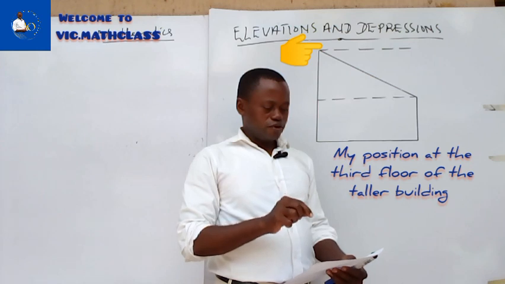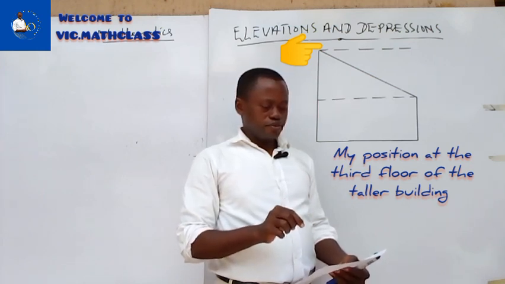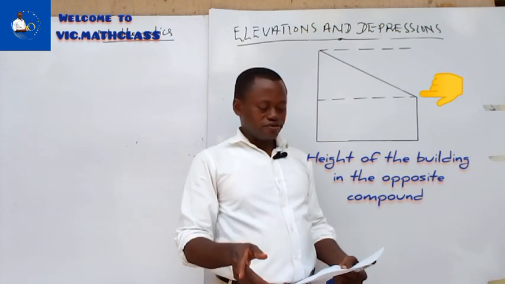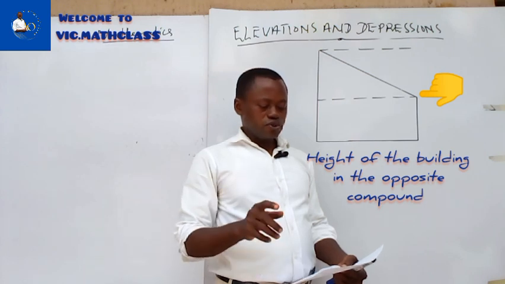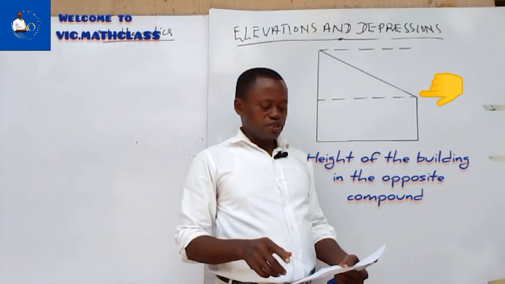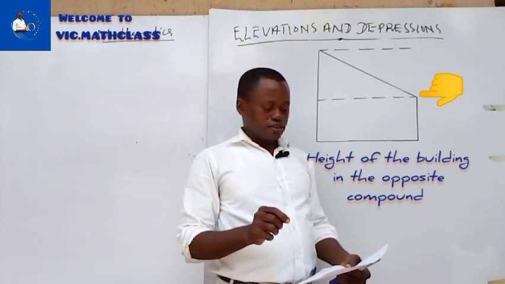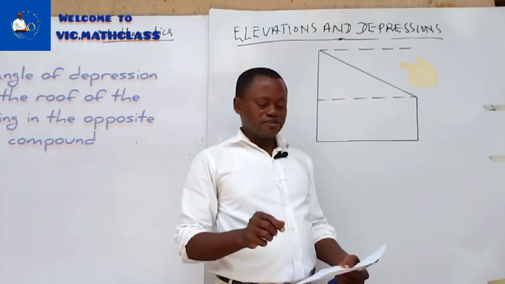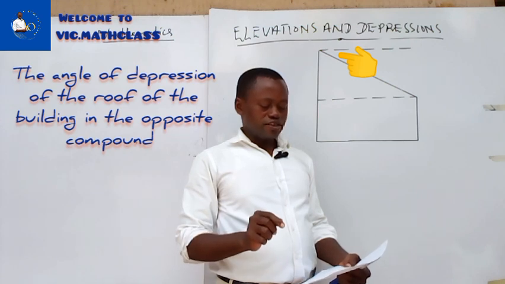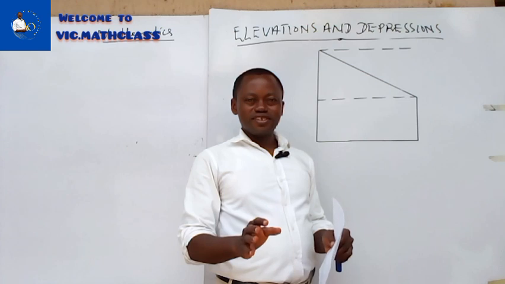It says: from the top floor of a story building, the angle of depression of another building's roof 20 meters away from the base of the story building is 58 degrees. If the roof of the building is 4.5 meters above the ground, what is the height of the story building?